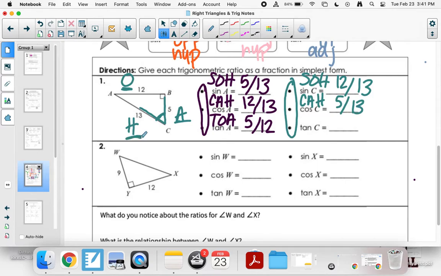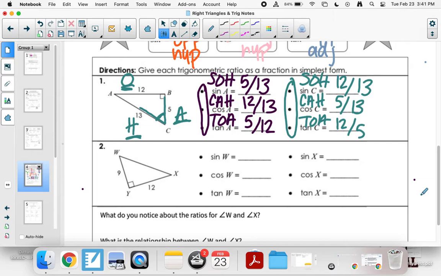And then last one, tangent, TOA: the opposite, 12, has to go on top, and the adjacent, 5, has to go on bottom. Okay, so that is SOHCAHTOA.